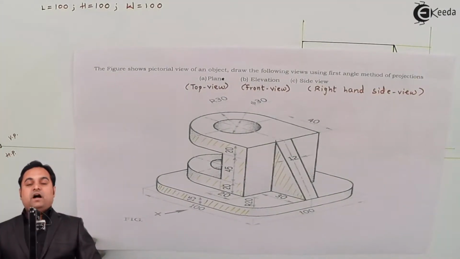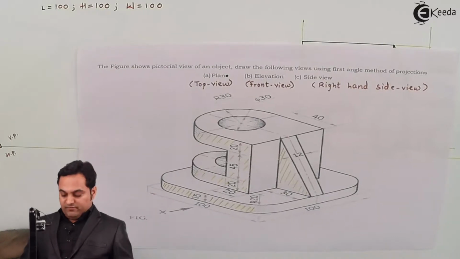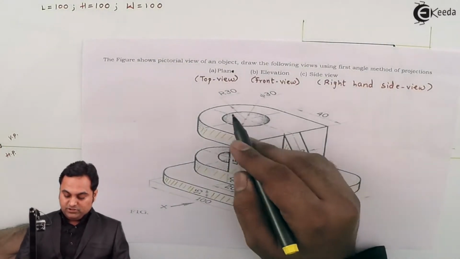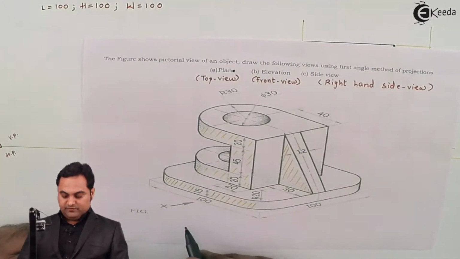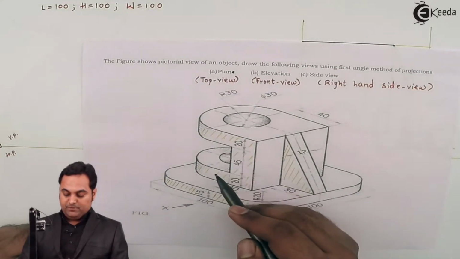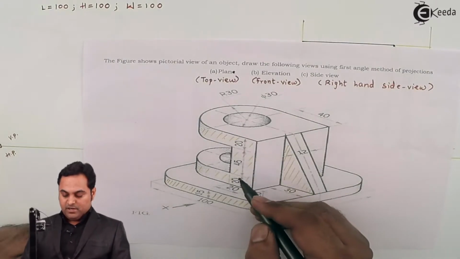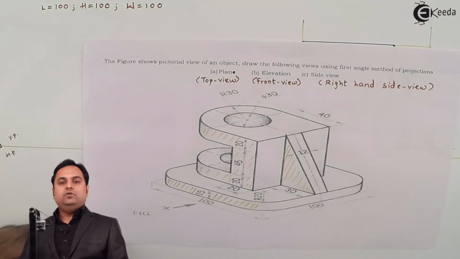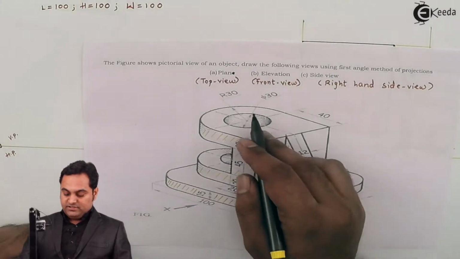Next, after drawing the visible portion, for the hidden circles, both the circles are hidden, not visible from arrow x direction, and those circles are there in the top and bottom plate which are having 20 mm height. So first I'll locate the center of these circles.